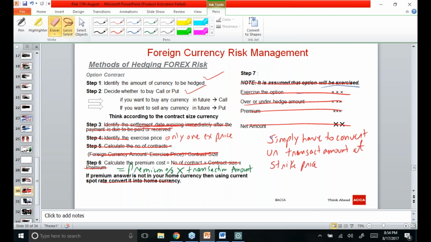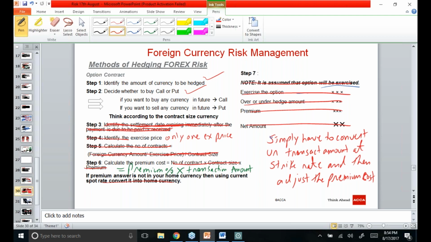It's better to write strike rate. And then adjust the premium cost. That's it. So you do not have to solve the third step.